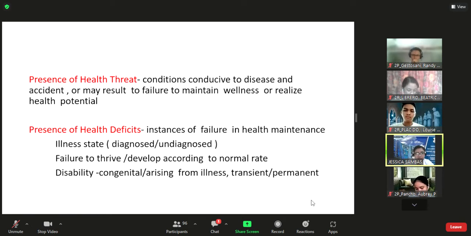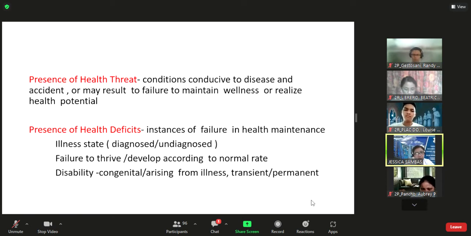Now, others, ang problem po na nakikita natin has something to do with developmental aspect in nature. So let's say they fail to thrive, like they are very small for their age. For example, severe malnutrition yung nakikita natin doon. That is also a health deficit. They fail to develop according to their normal rate. Delay ang kanilang development, that can be considered also as a health deficit. So kung merong family member na gano'n ang kanyang condition, that could fall under health deficit.